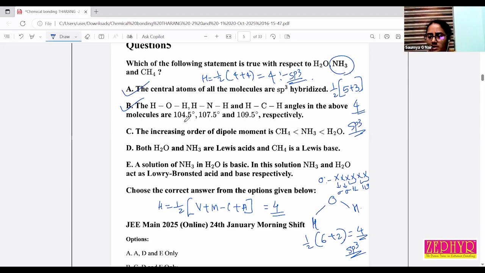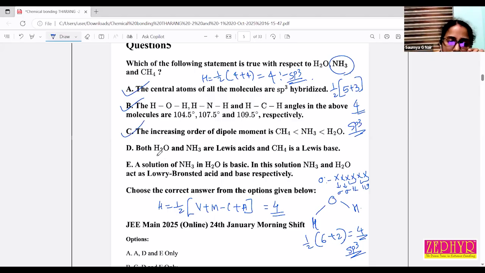Compare ammonia and water. Oxygen is more electronegative than nitrogen. Oxygen is the central atom in water, nitrogen is the central atom in ammonia. More electronegativity, more dipole. So that is also correct.